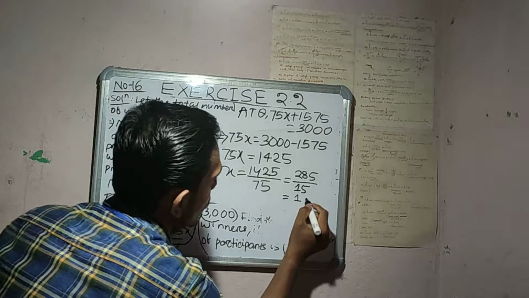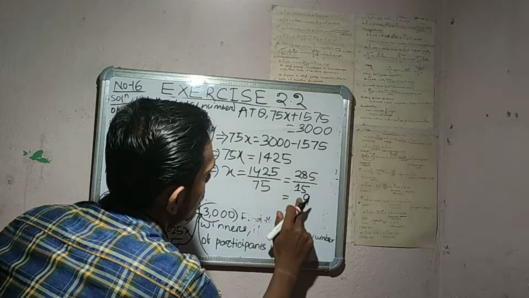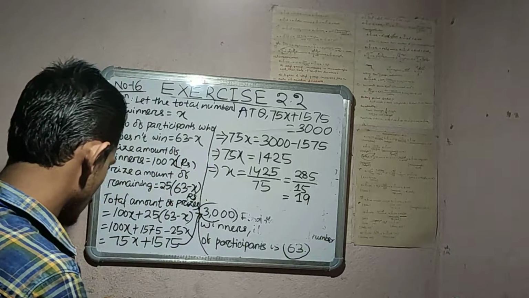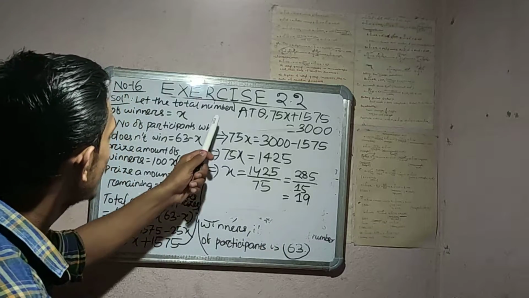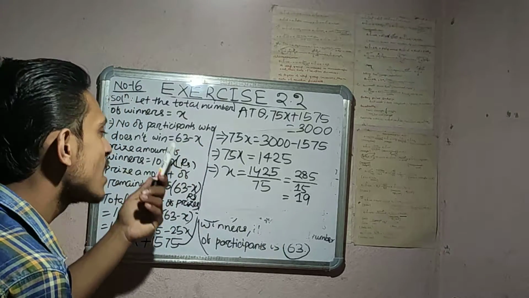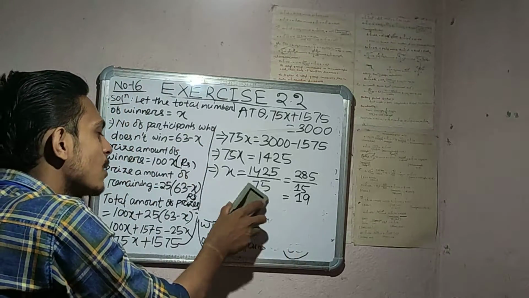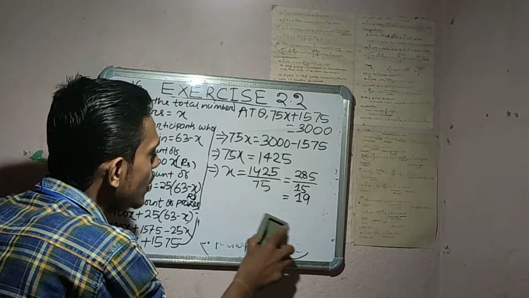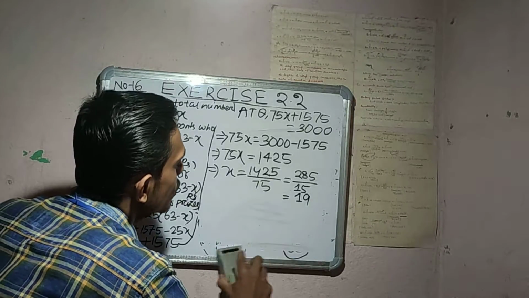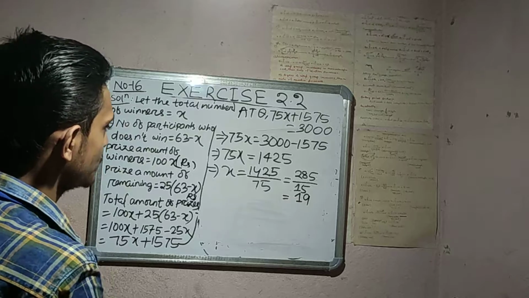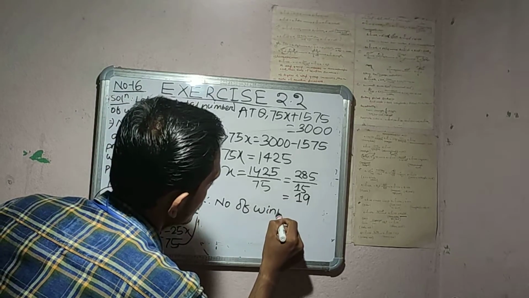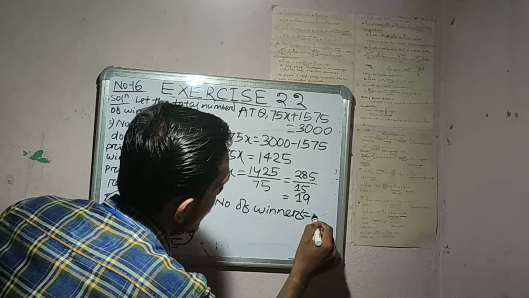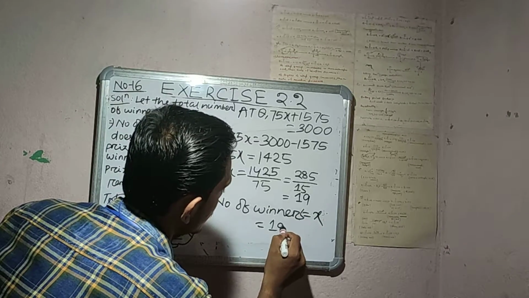Sorry, 19. So this is the value of X. We have taken X as the number of winners, and the question is to find the number of winners. So the number of winners is equal to X, that is 19. This is the answer.